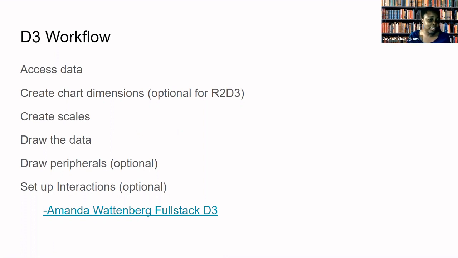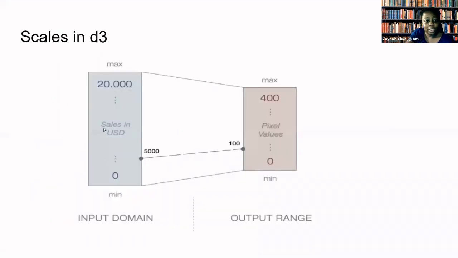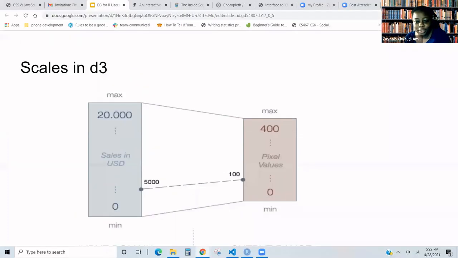So that's last. And this workflow is based off of Amelia Wattenberg's book, Fullstack D3. And this is a picture of a scale. I think it's better to show than to tell, so I have some examples.